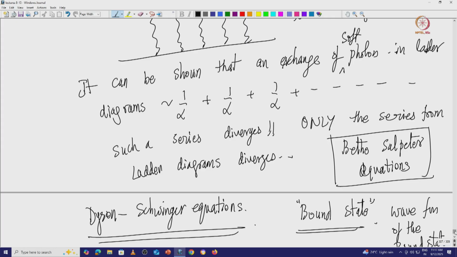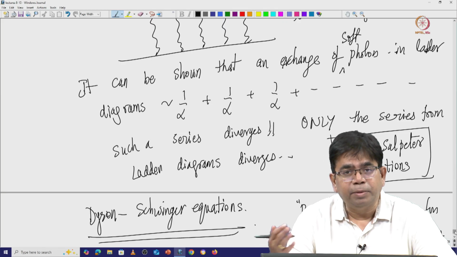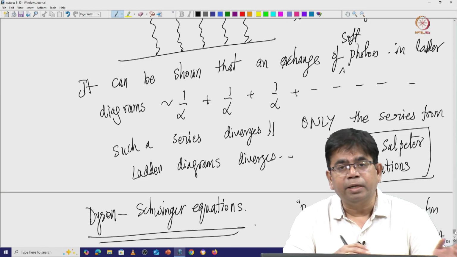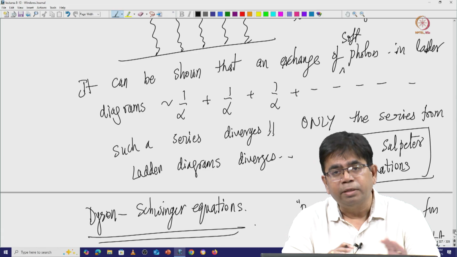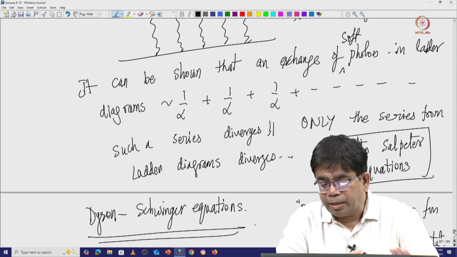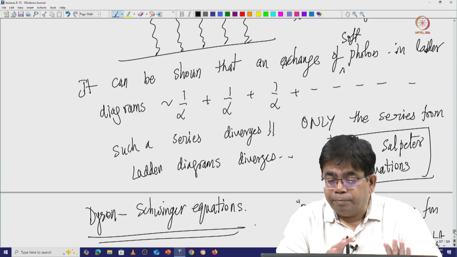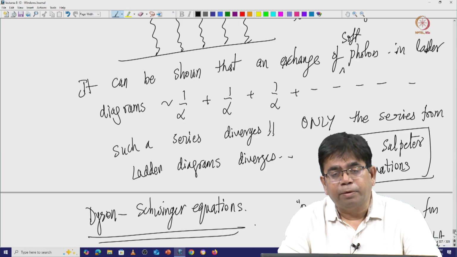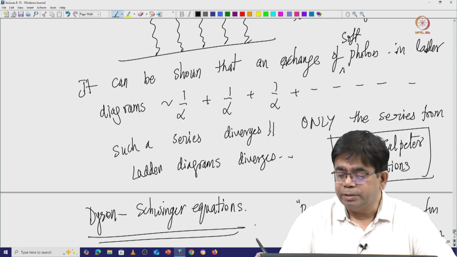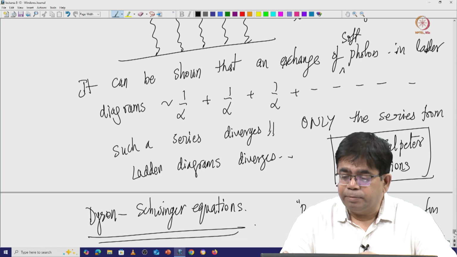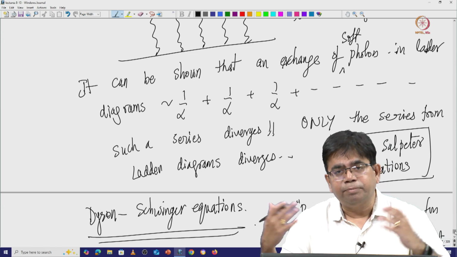So you deal with it in terms of Bethe-Salpeter equations. You can write an equation and solve it using numerical methods. There is also an equivalent class of equations called Dyson-Schwinger, slightly different but equivalent. But Bethe-Salpeter and Dyson-Schwinger need some numerical technique.